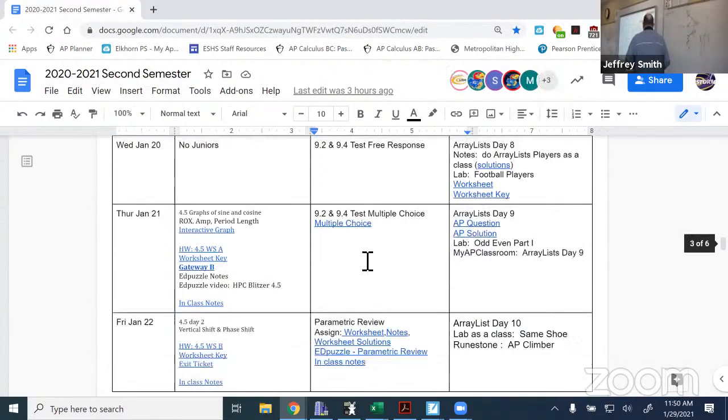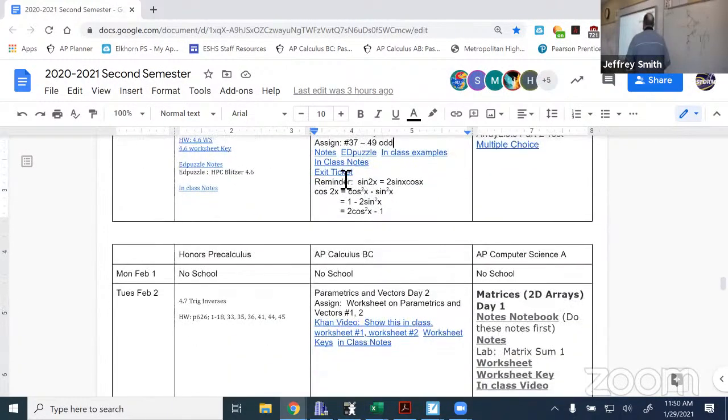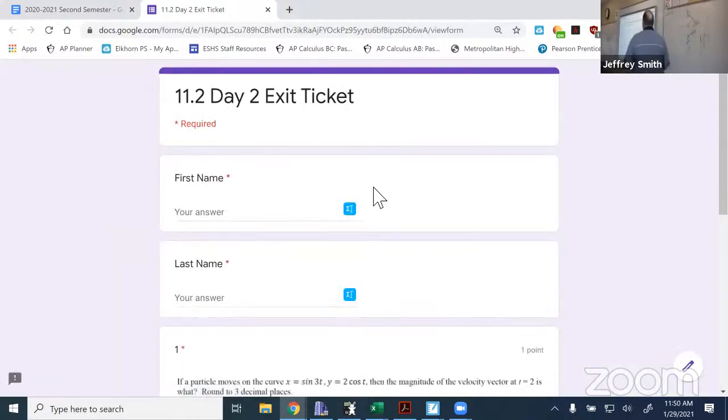Wednesday, 29. Exit ticket right here, and it's only 3 problems. It's calculator problems. Give them a try. See if we can get them done before we get out of here. You got 5 minutes. If you can't, no big deal.